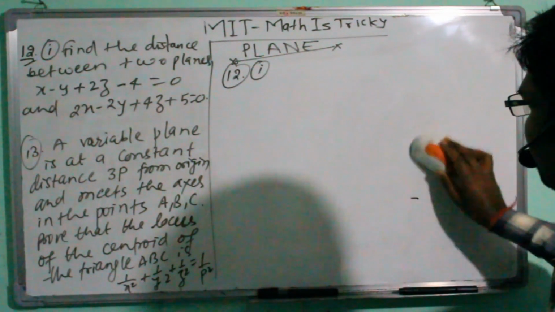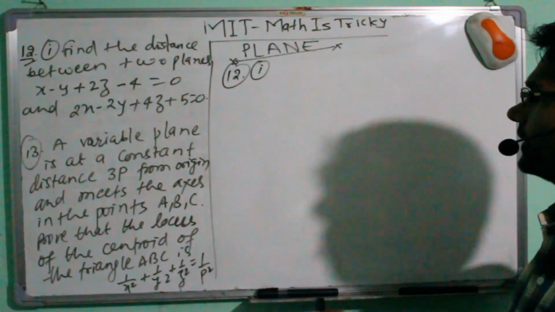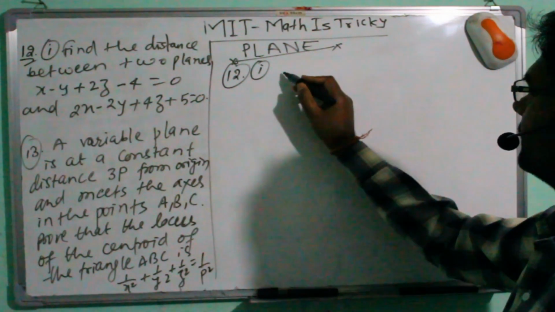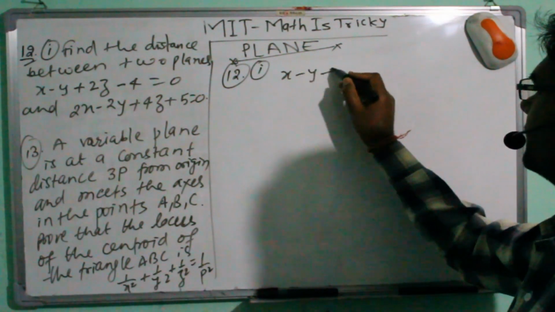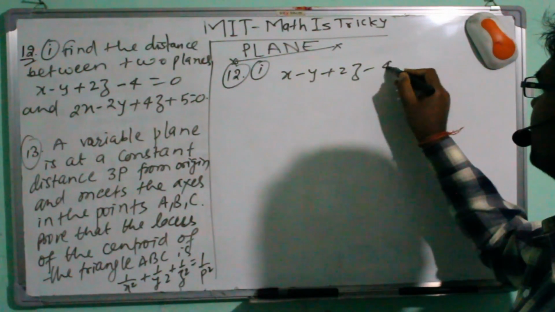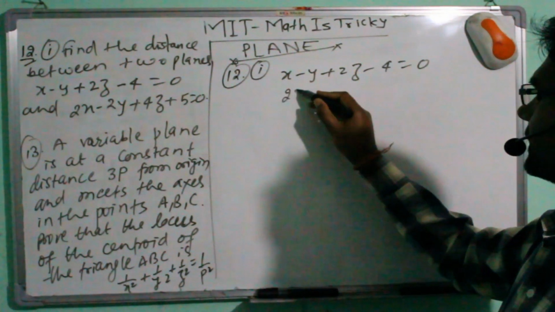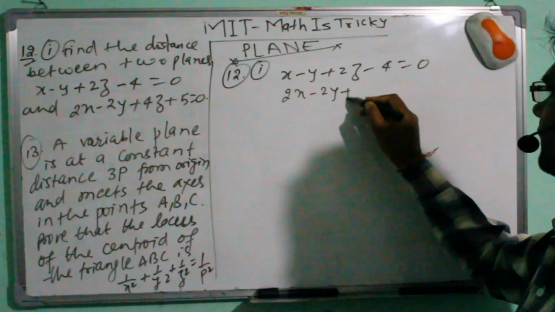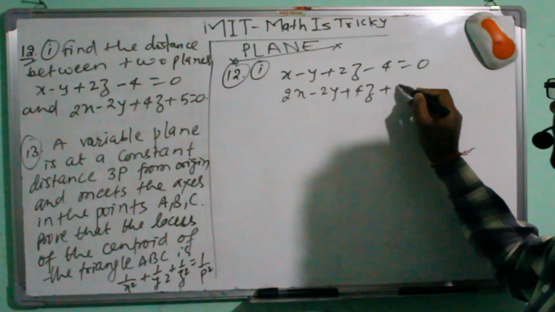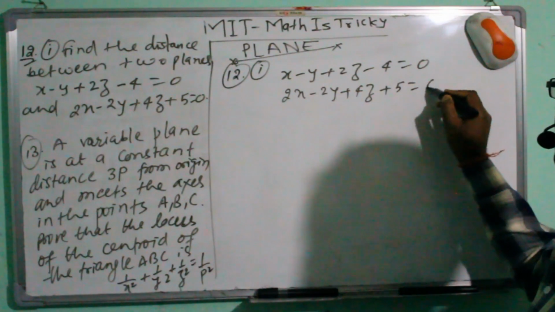The first plane is x minus y plus 2z minus 4 equals 0, and the second plane is 2x minus 2y plus 4z plus 5 equals 0.